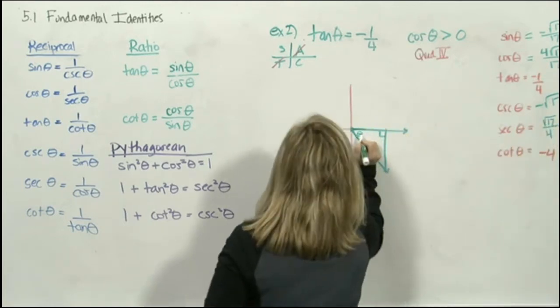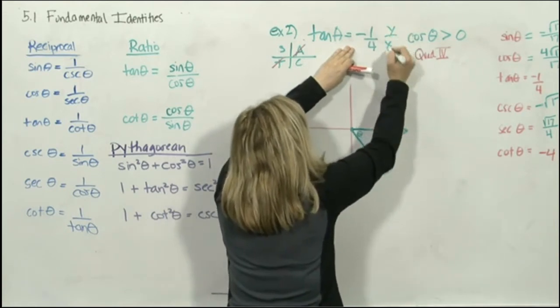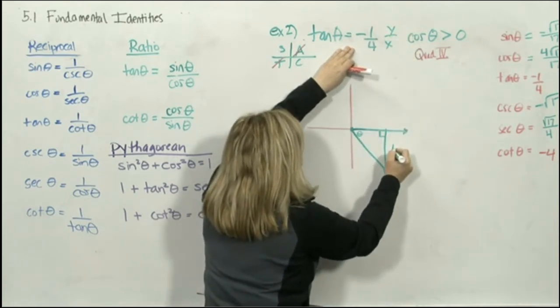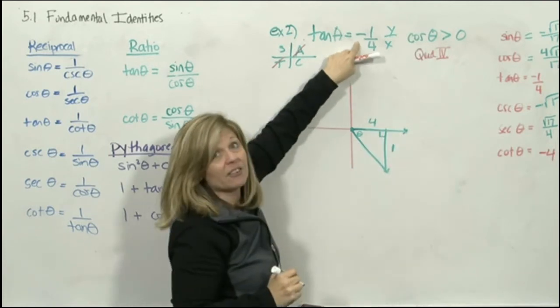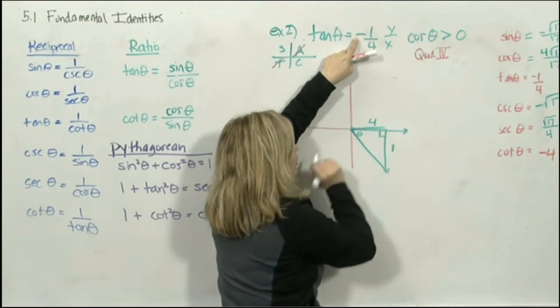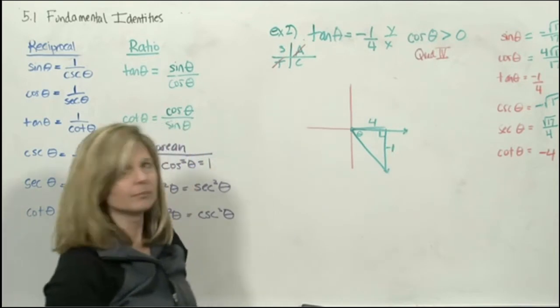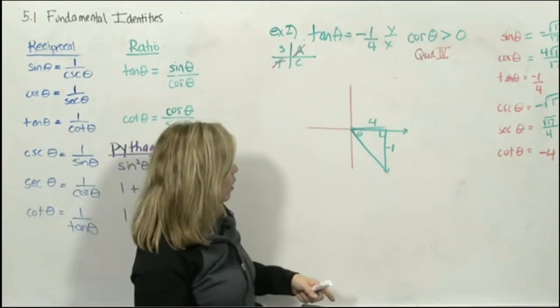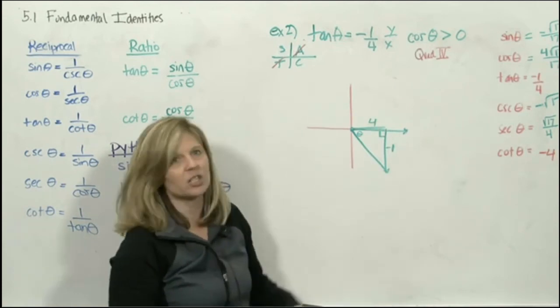Here's our angle theta. Tangent stands for, in definitions, y over x. So our y value is 1. Our x value is 4. There's a negative here. Well, x is to the right, so the 4 would stay positive. The 1 is going down, so the 1 would be negative. Back in chapter 1, we said, okay, to find the radius, we have to do a squared plus b squared equals c squared.